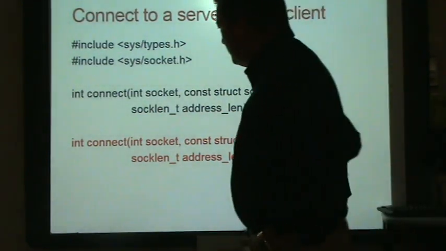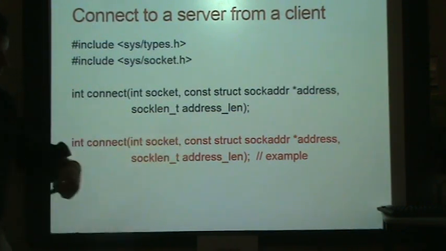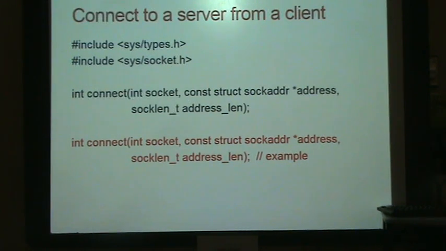And then from the client point of view, this is an example of how we would do a connect. So this is where we'd have to have the socket ID and the block of storage that tells us what the port number is and the IP address that we're trying to connect to.